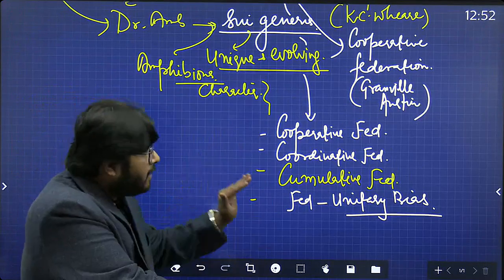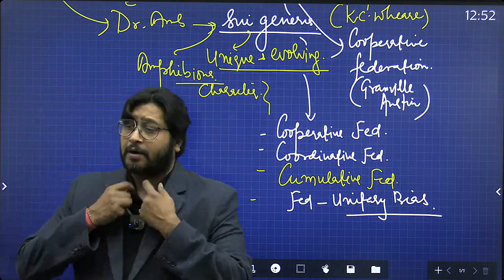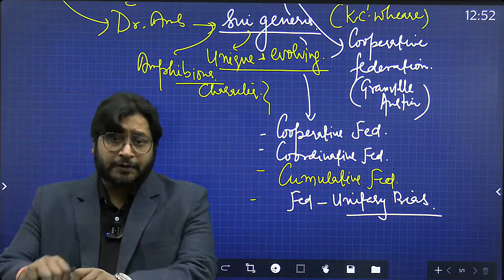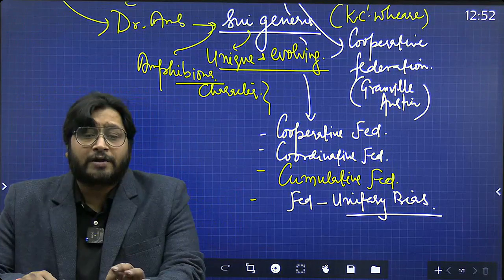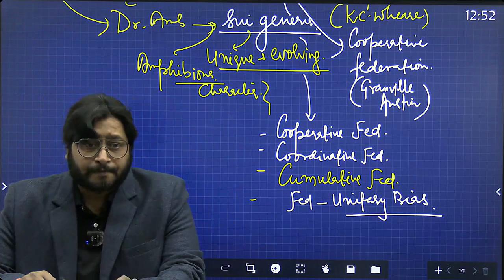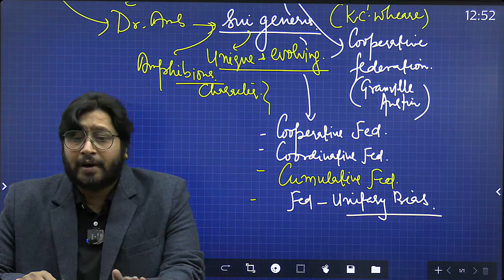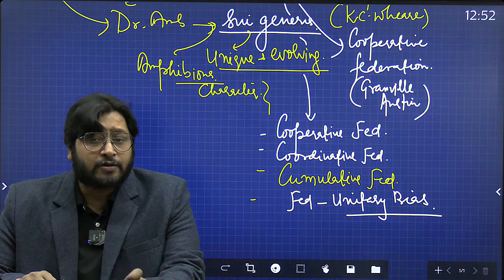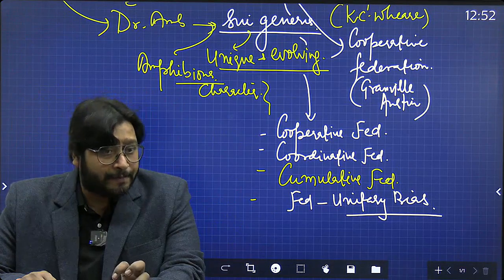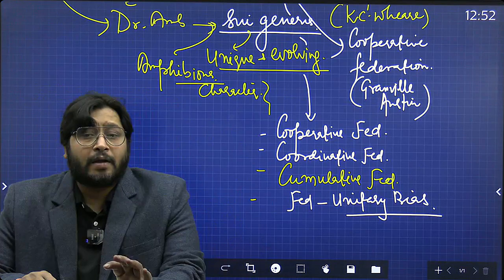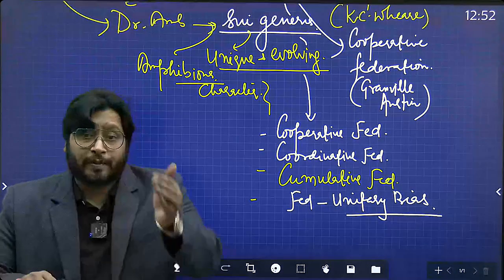So we can say that yes, it is federal. Now, when you see the SR Bommai case, or the 370 judgment, where the Supreme Court has said that internal sovereignty does not belong to Jammu and Kashmir, neither external sovereignty, because the moment it signed the instrument of accession, that very moment it gave us its sovereignty. That is correct. The sovereign functions of telecom, border roads, defense were to be performed by India.